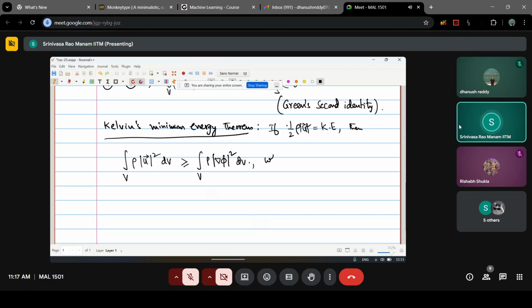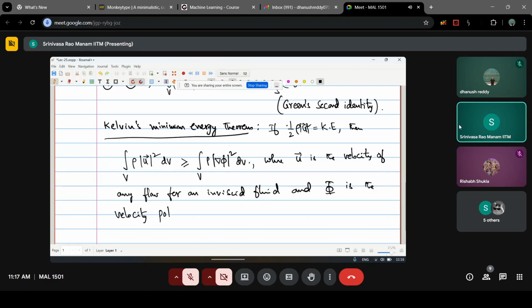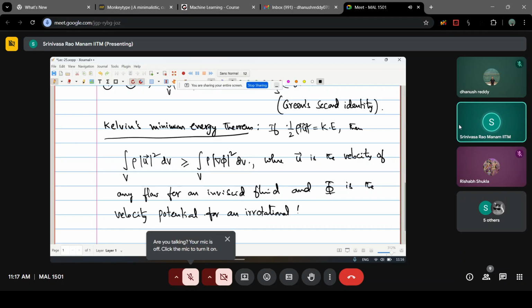Where u is the velocity of any other flow, any flow for an inviscid fluid, and phi is the velocity potential for an irrotational flow.